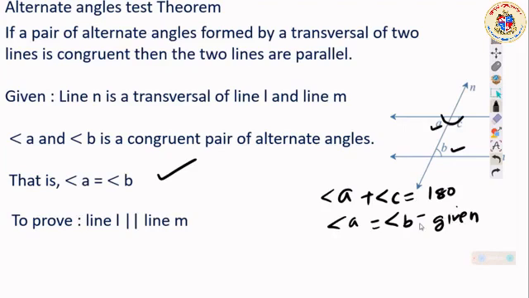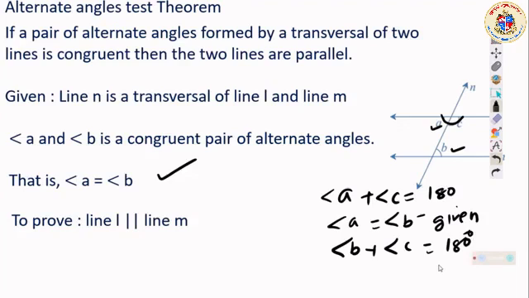That means if you add C with A it is 180, and in that case A can be replaced by B. So in the next line we can simply write that the interior angle, angle B plus angle C, is also equal to 180.